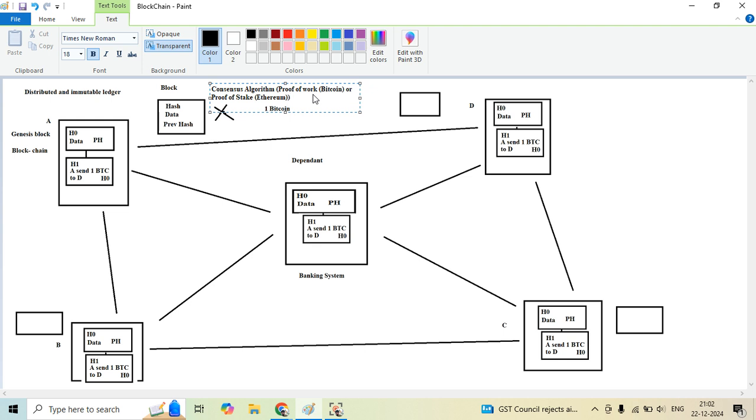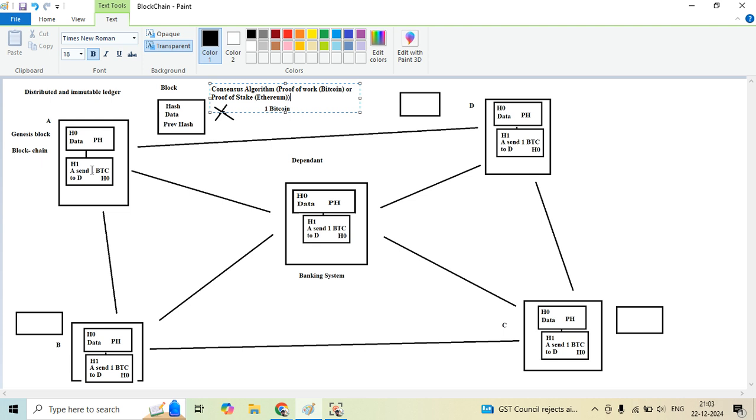By consensus, we mean that when A has sent money to D, a new block has been added to the ledger of A. This block can be seen as a record or a new transaction.